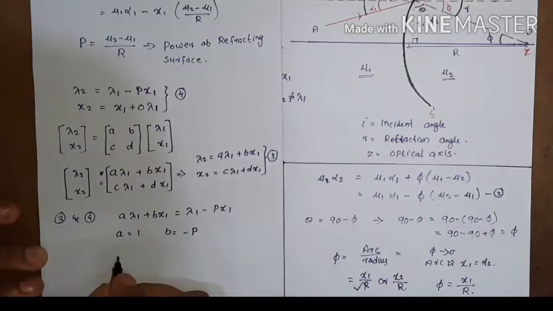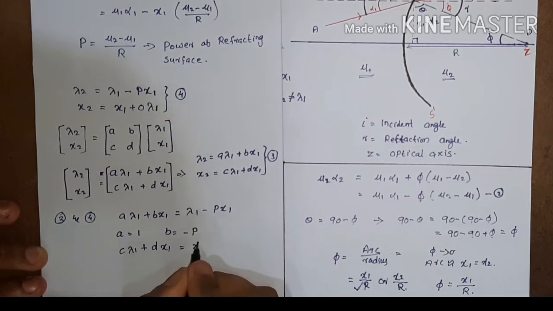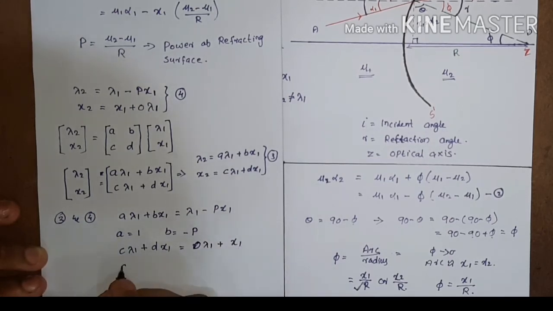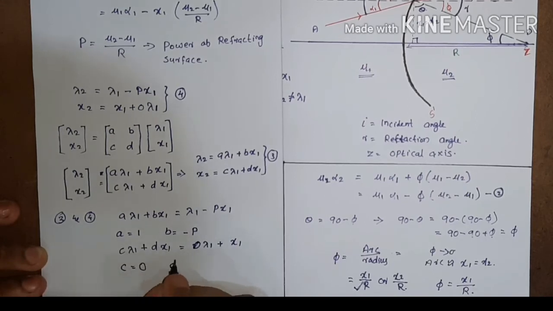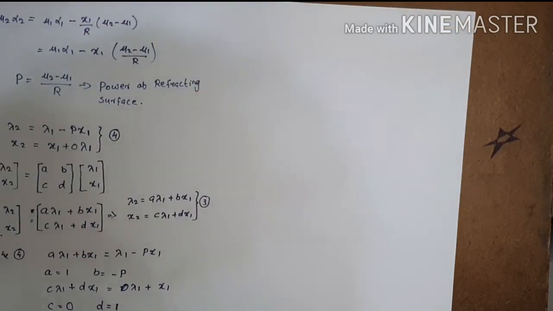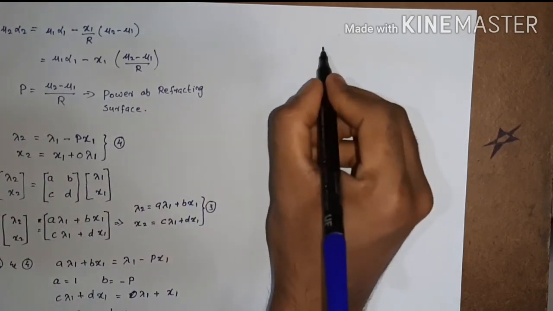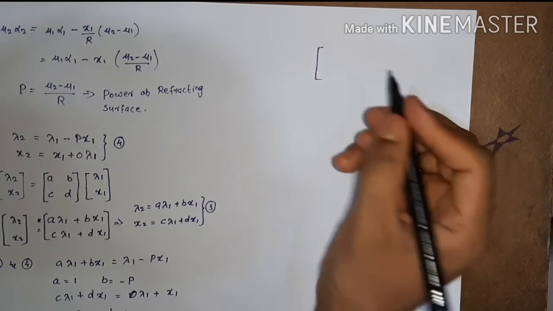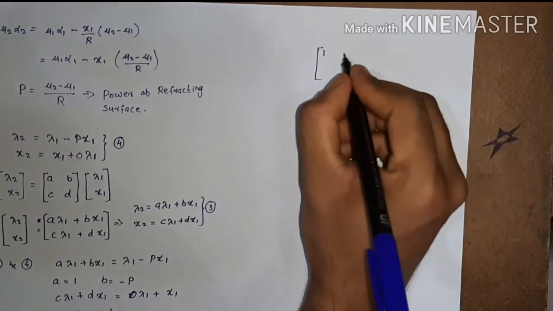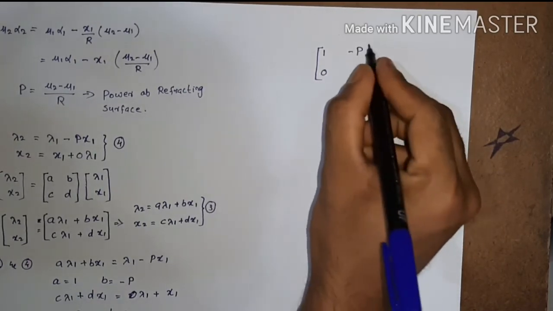Similarly, to make C lambda 1 plus Dx1 equal to 0 lambda 1 plus x1, C should be equal to 0 and D should be equal to 1. Now I am substituting these values of A, B, C and D in this matrix. A is equal to 1, B is equal to minus P, C is equal to 0 and D is equal to 1.